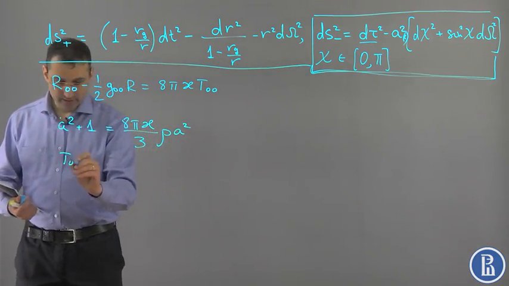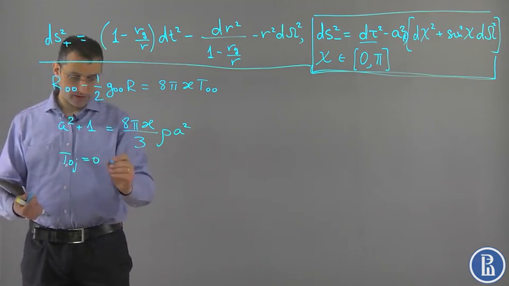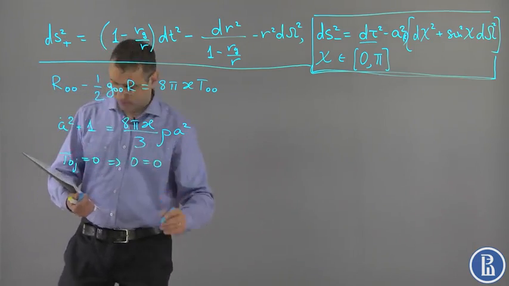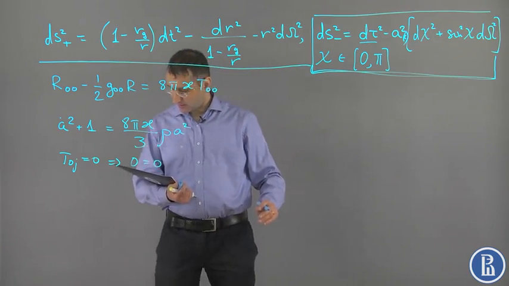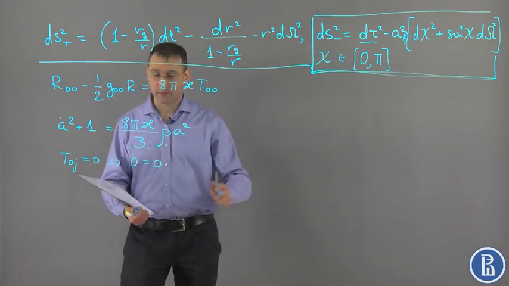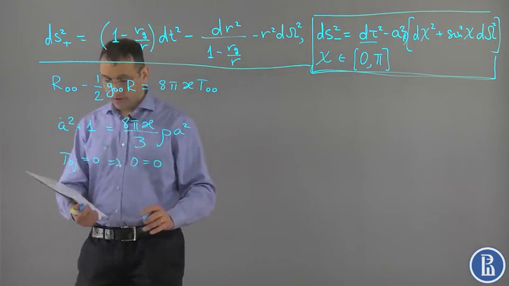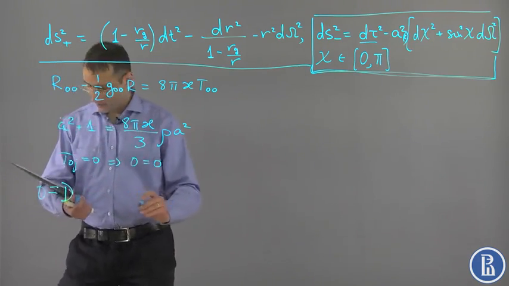The other components of the Einstein equations are trivial because we have this 0, so they just establish the trivial relation 0 equal to 0. And as we explained in lecture 3, instead of some of the components of the Einstein equation, we can use energy momentum conservation. So we're going to use it here.